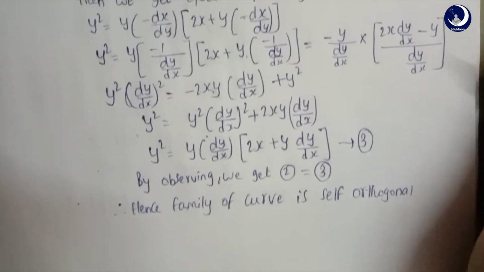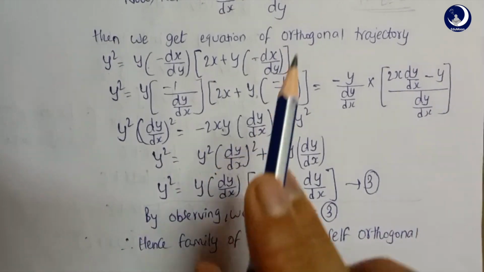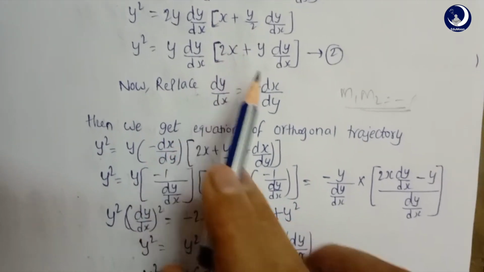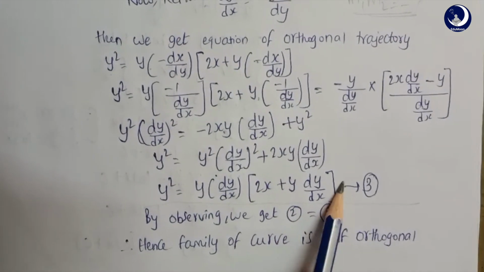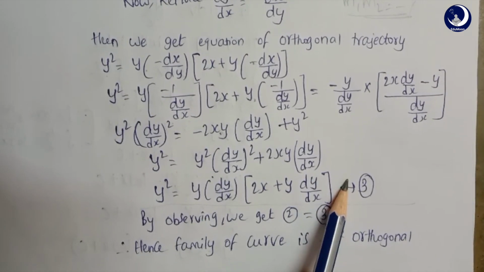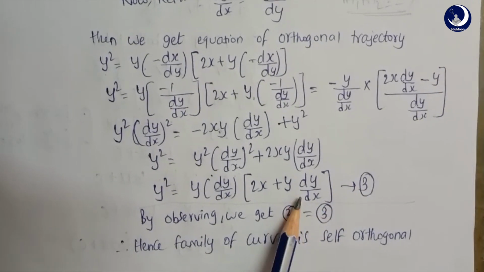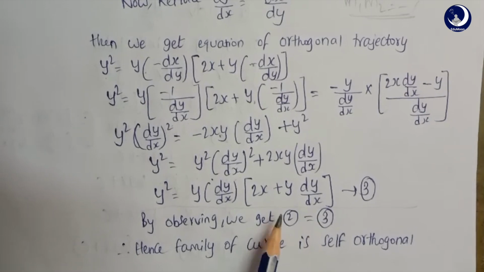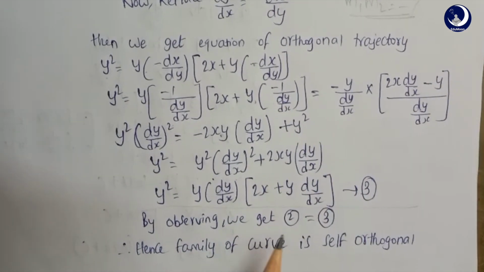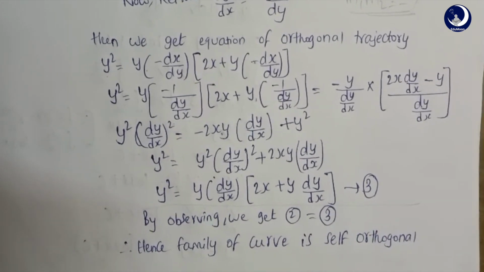Then we got a function like this, which is equation 3. By replacing this, we again get y square equal to y into dy by dx into 2x plus y dy by dx. By observing, we see these are orthogonal trajectories, that means perpendicular at 90 degrees. Hence the family of curves is self-orthogonal.